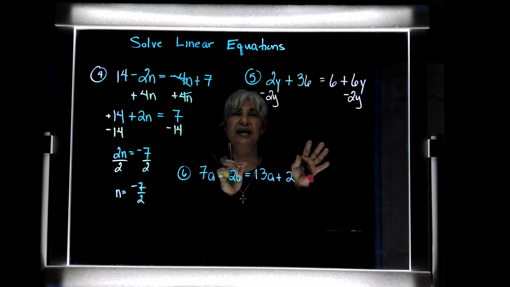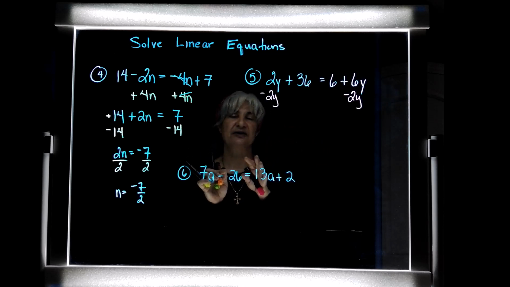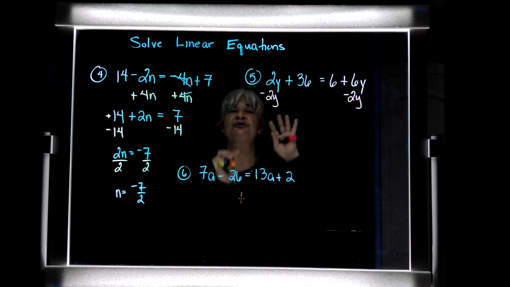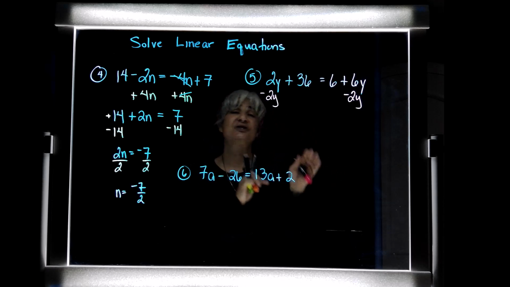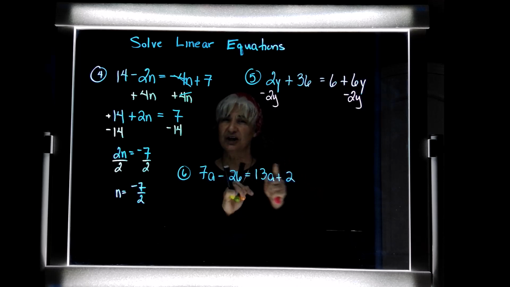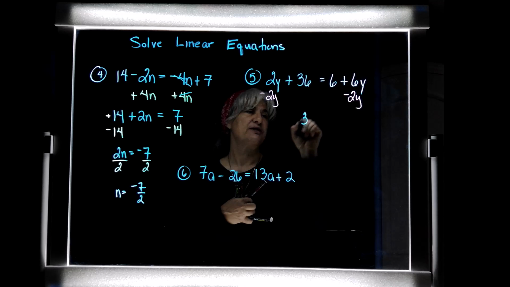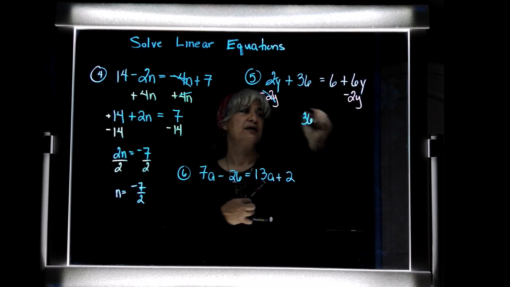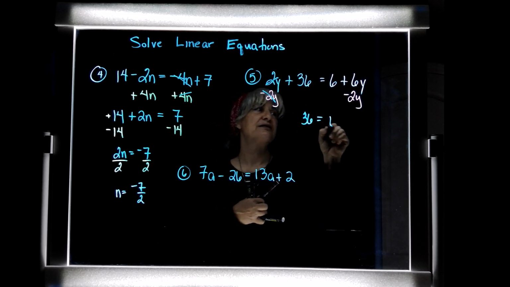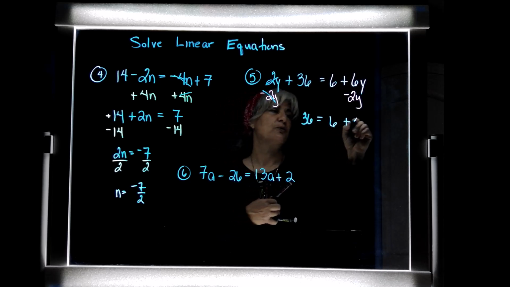Your brain won't care if it's not on the left side all the time. If it's on the right side, it will still know how to do the work, which is extremely important in math. Got it? Okay. So, yep, 36, because these drop out, equals 6 plus 4y.